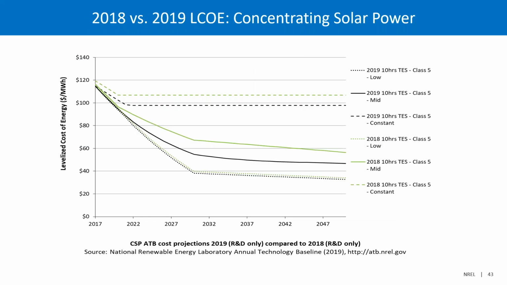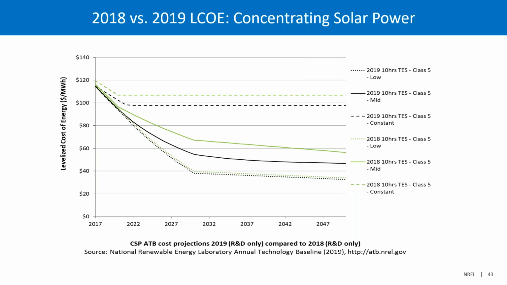Here we can see the levelized cost of energy from 2017 out to 2050, where the black is 2019 data and green is 2018 data, again for Daggett, which is class 5. And then you can see the low, mid, and high and constant projections.